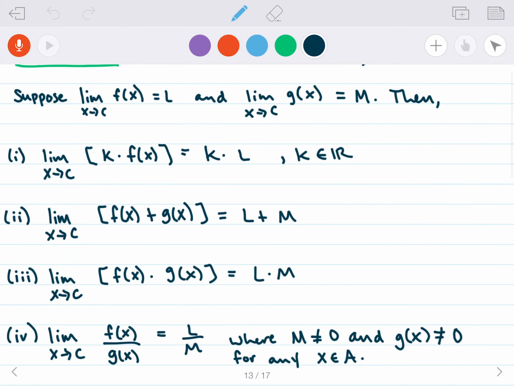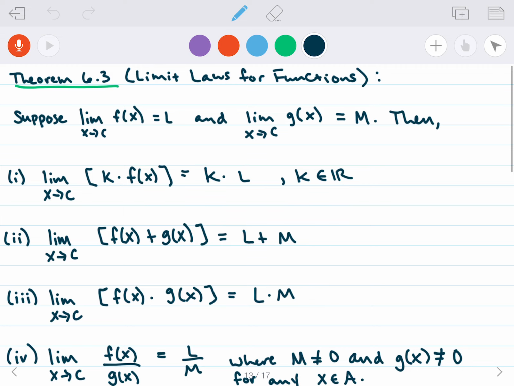Okay, all right, so I'm just going to go through this pretty quickly because we've seen this in other contexts with sequences. This theorem is a direct consequence of the sequential criteria because we already have the limit laws for sequences. And so by the sequential criteria, this is going to be true as well.